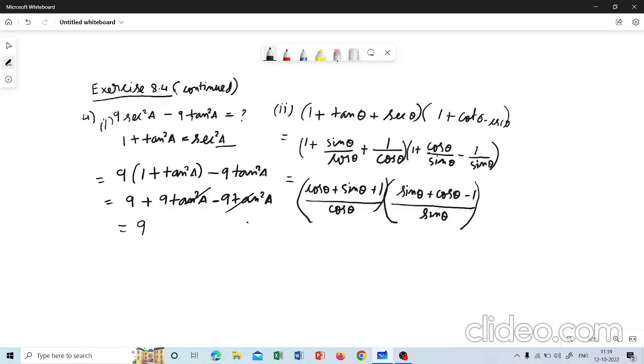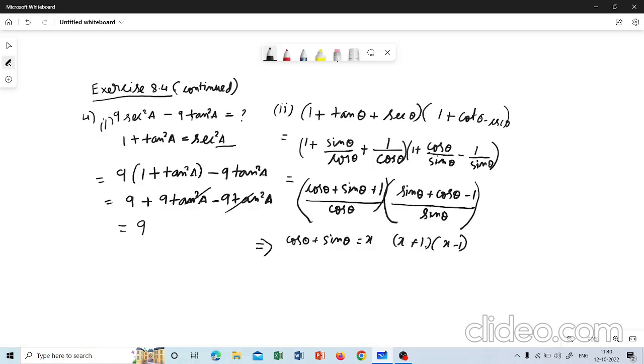So now if you consider this step, you might think what is the problem here? You might think there is no way you can simplify this, but if you observe this term clearly, suppose I assume cos theta plus sin theta is equal to some value, x. So now the numerator will be of the form x plus 1 into x minus 1.